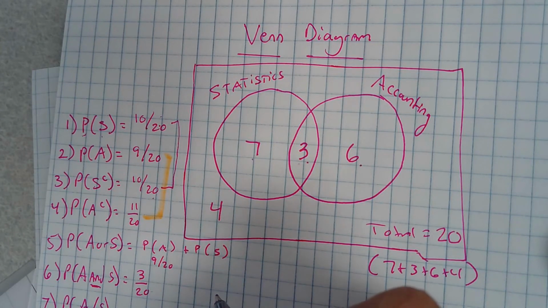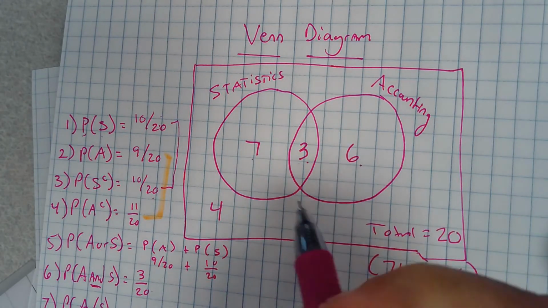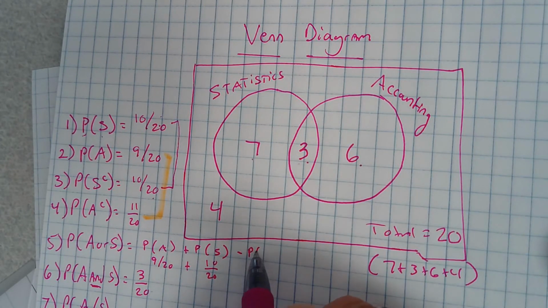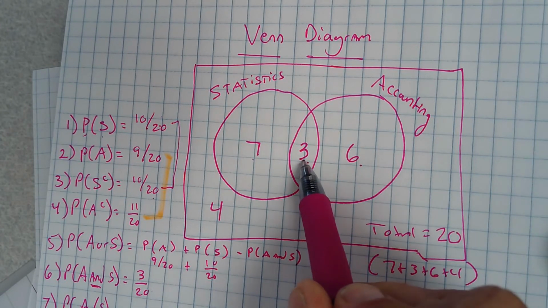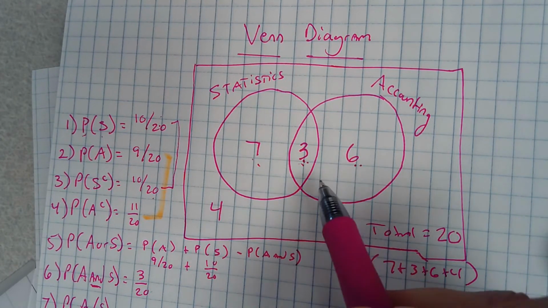Plus we're going to take the probability of a stats class, which is 10 out of 20. But what we're going to notice here is that we counted that intersection twice. We counted the 3 when we counted the accounting class, and we counted that 3 when we counted the stat class.